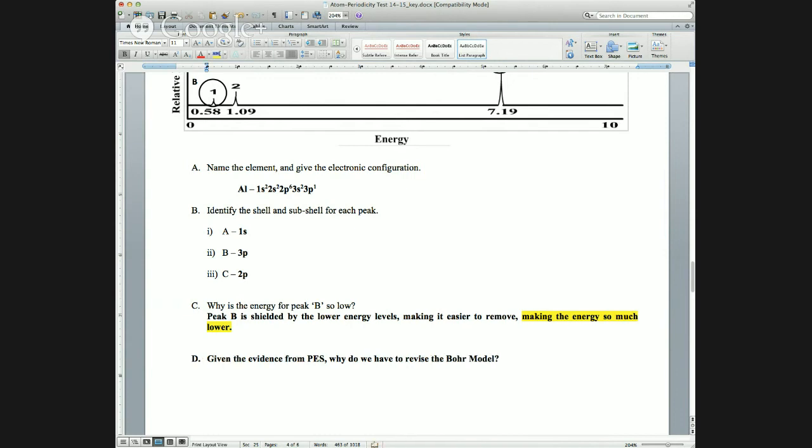And the reason that we have to do that is PES shows the different subshells.